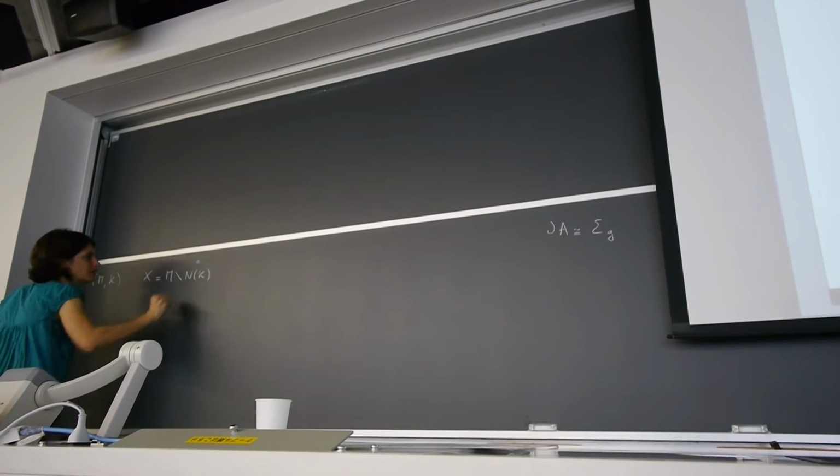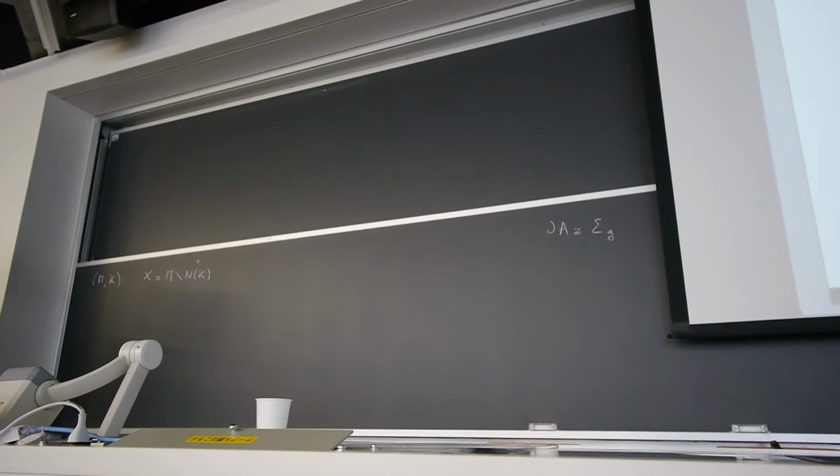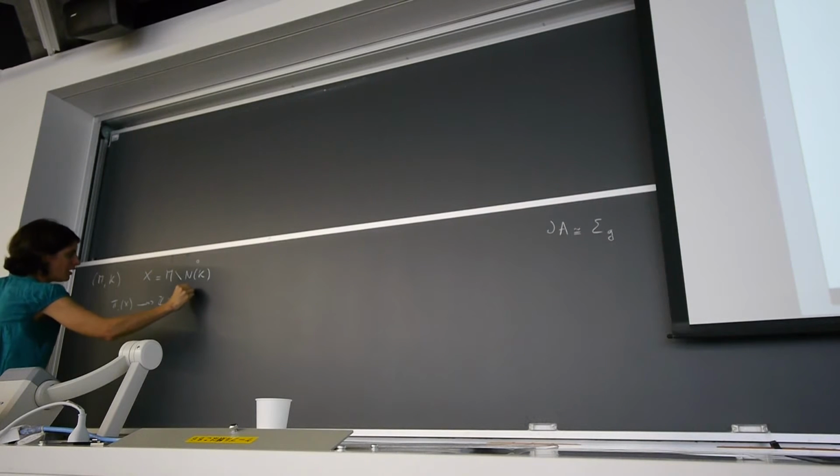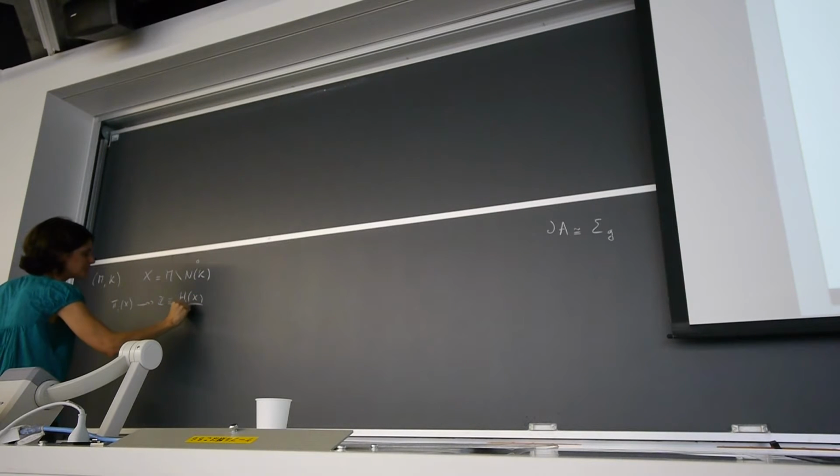You remove the open neighborhood of the knot, and you have a natural map from π1(X) to Z, viewed as the first homology group of X up to torsion.